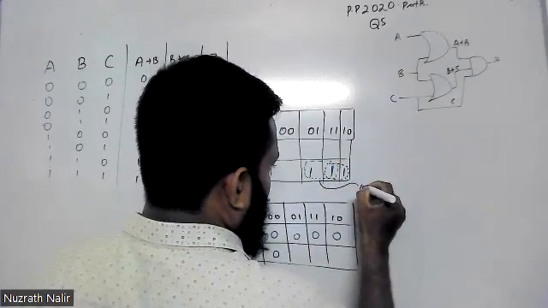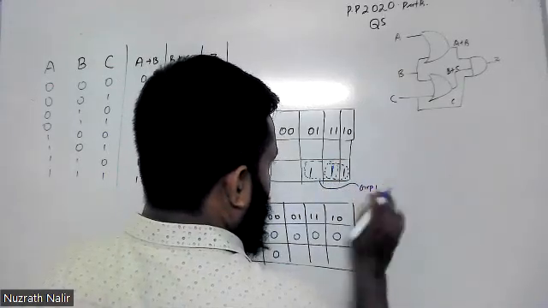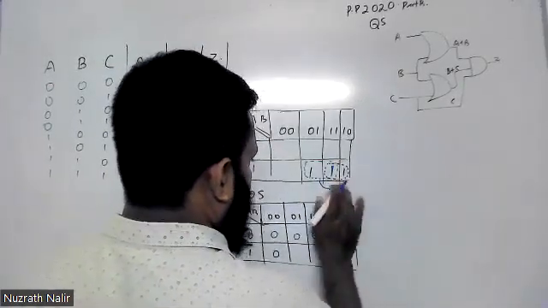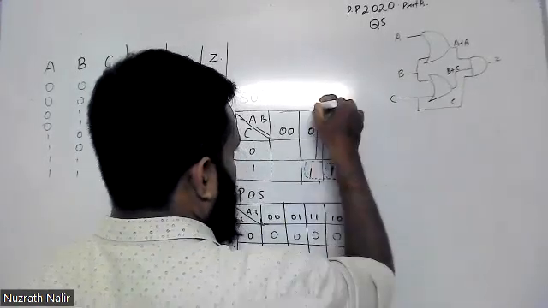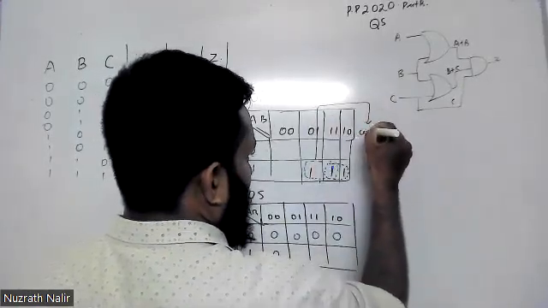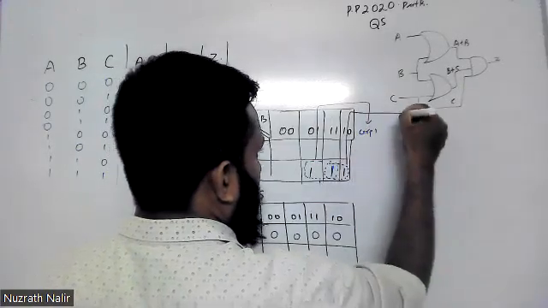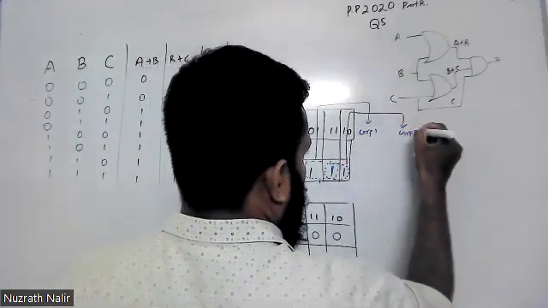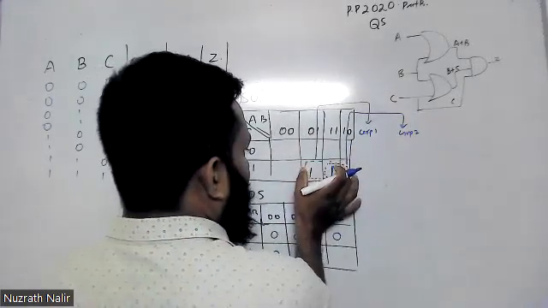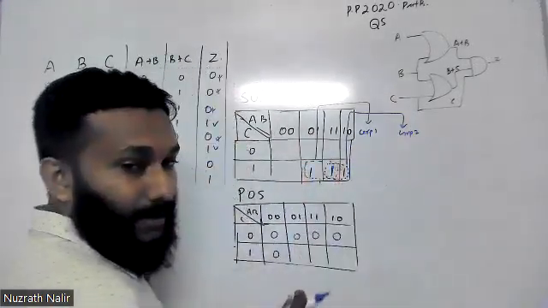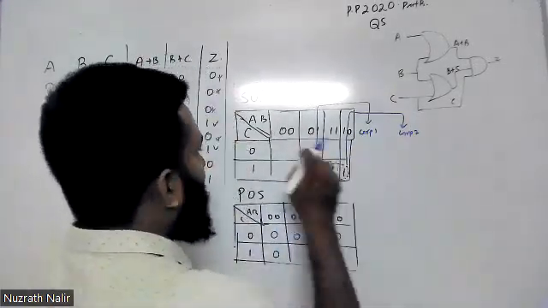So group one, and this is your group two. Okay, so what is the green color thing?